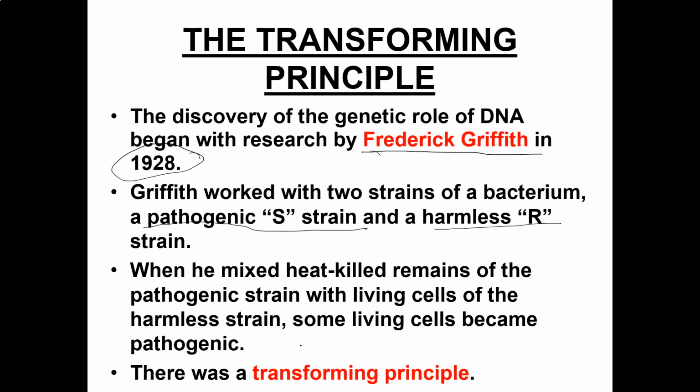So from that he surmised that there was some kind of transforming principle, something that was passed from the dead smooth pathogenic strain to the harmless living R strain. So what was that transforming principle? That was the question.